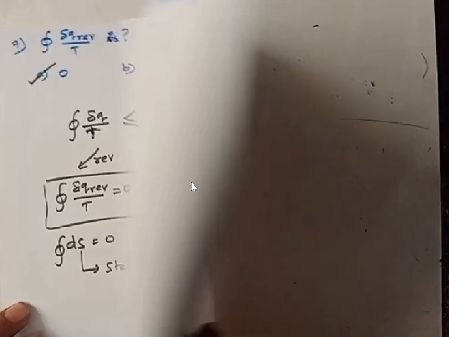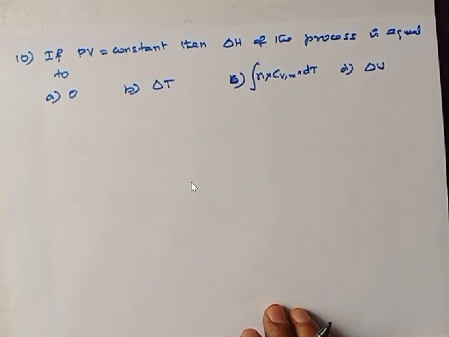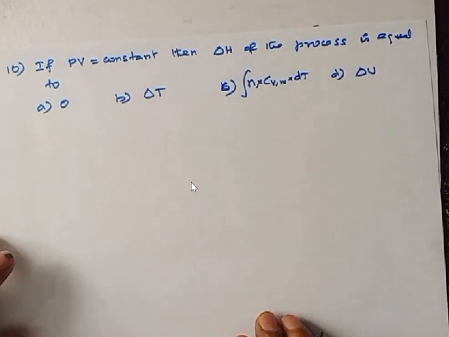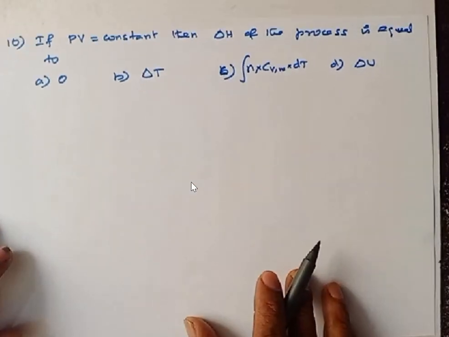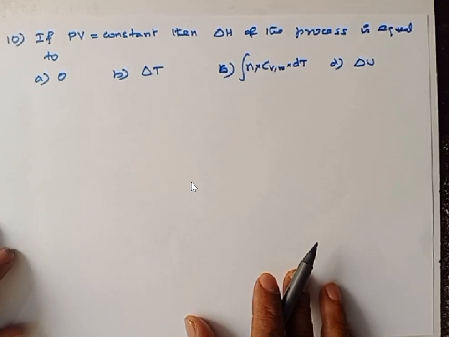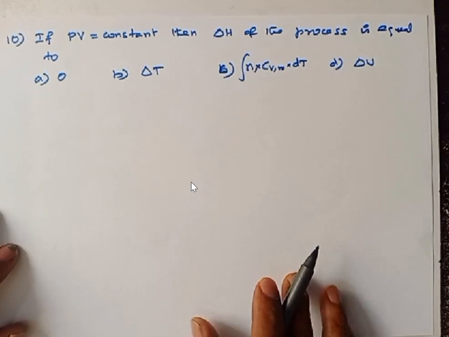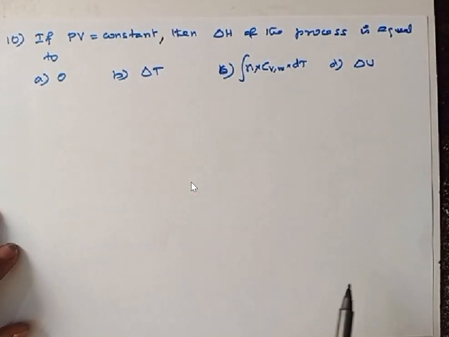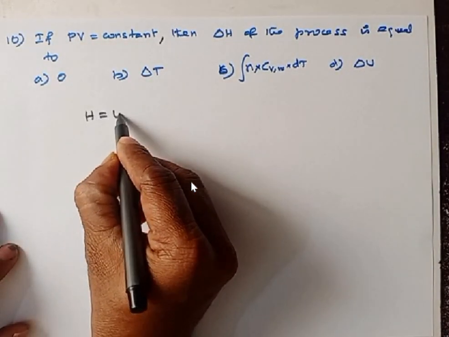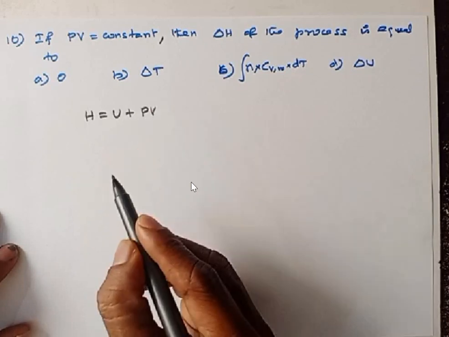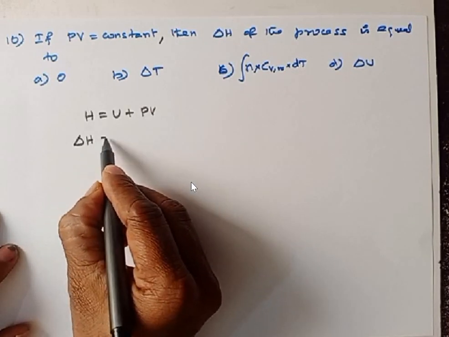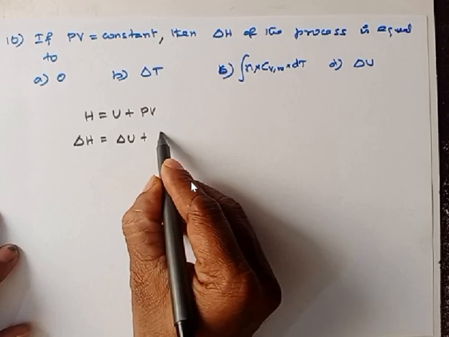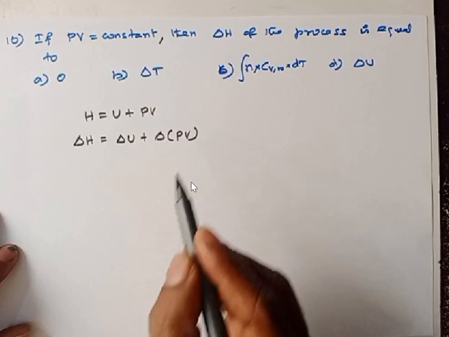Now let me move on to the next question, question number 10. If PV equal to constant, P into V equal to constant, then delta H of the process is equal to, you know very well, H is equal to U plus PV and delta H is equal to delta U plus delta of PV.